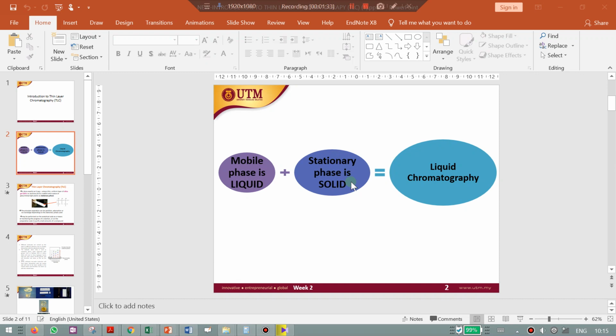But in paper chromatography, where the stationary phase is actually a liquid, they use paper. The paper has some solid that has bonded water molecules inside it. So that's why the stationary phase is called liquid. That is part of paper chromatography, not part of thin layer chromatography.